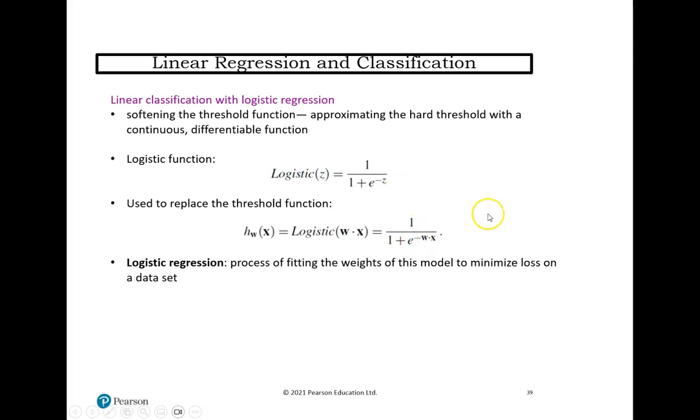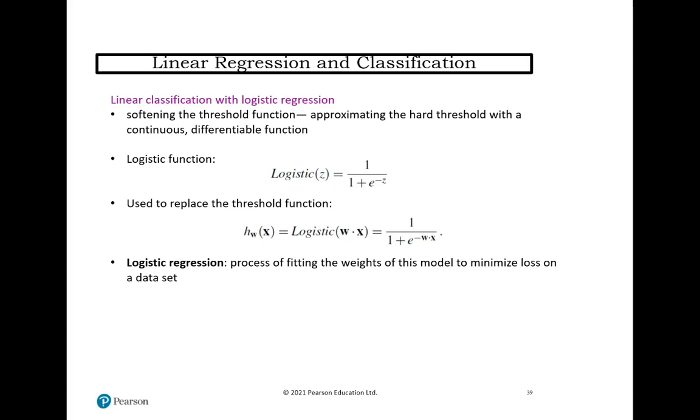If we get a very large positive value here, so our classifier is confident that this point belongs to class 1, what's going to happen is e to the negative infinity is going to be 0. And the output is going to be 1 over 1 plus 0, which is 1. Okay, so that's very good.